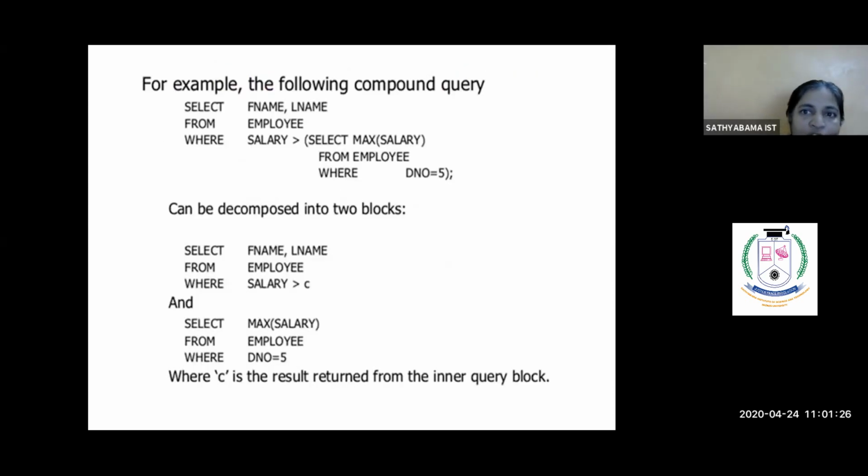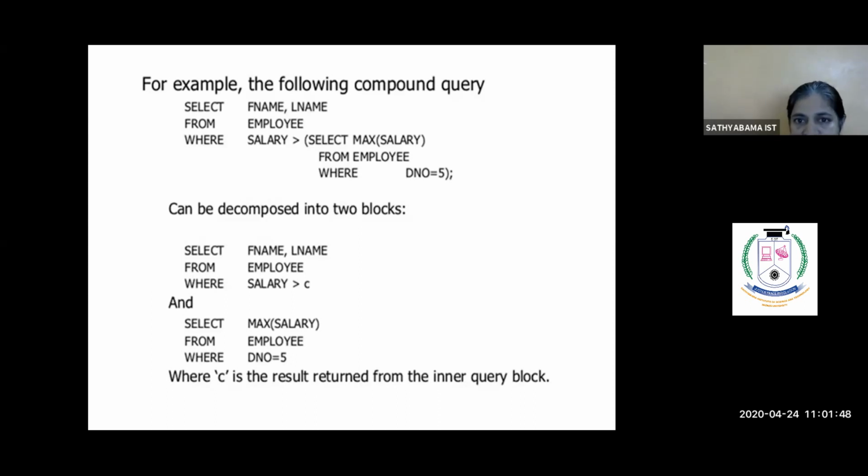Now, for example, we are going to see the following query. Select first name, last name from employee table where salary is greater than, and again we have an inner query: select max of salary from employee where department number is equal to 5. Look at this inner query first.